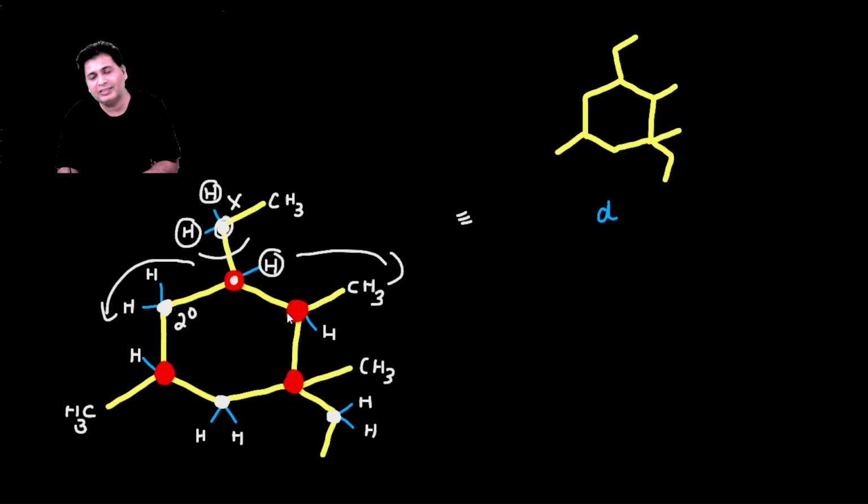You move in this direction, you find that you have got a 3 degree carbon, because this carbon is attached with 3 carbons directly. So the first step you took in one direction gave you 2 degree, and the first step you took in the other direction gave you 3 degree. The first step itself gave a point of difference, so this should be a chiral carbon.